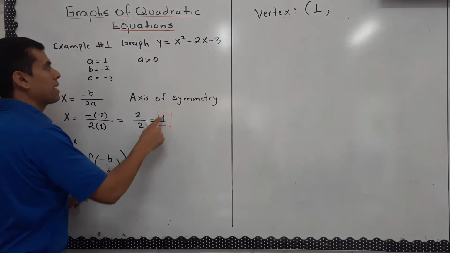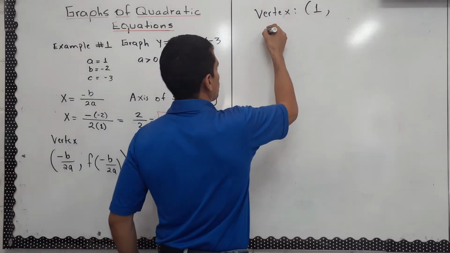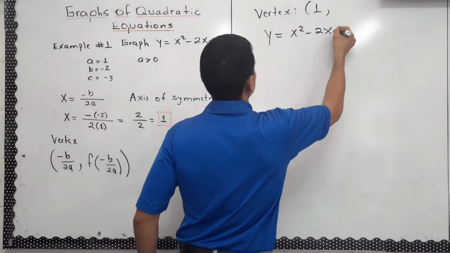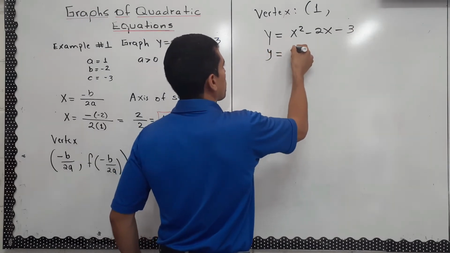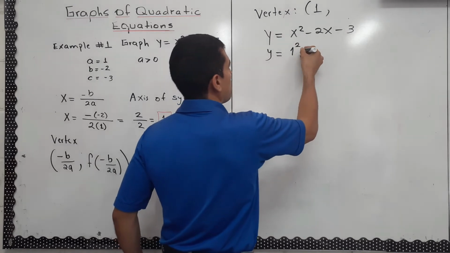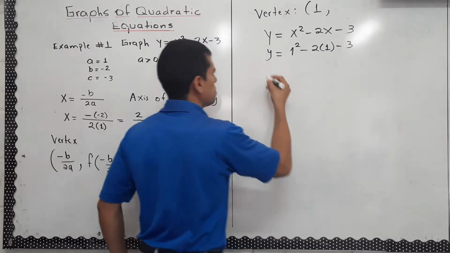So we are going to replace the x by 1. We are going to write our function y equal to x squared minus 2x minus 3. So y is going to be 1 to the 2, replacing the x by a 1, minus 2 multiplied by 1, minus 3.